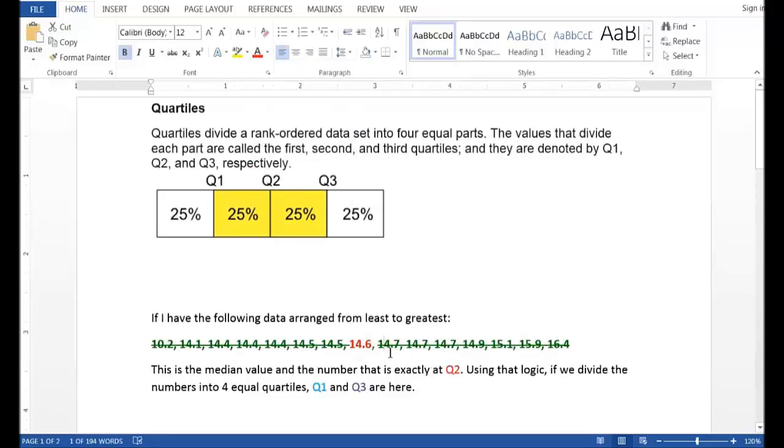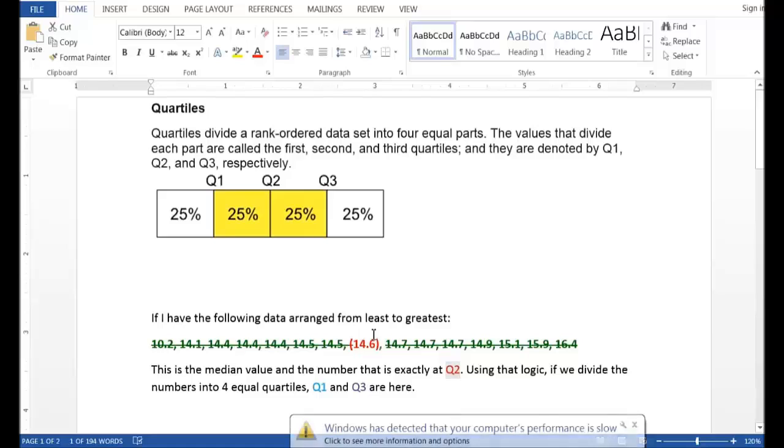Cool? So right there at 14.6, we can tell that that number is the median value. And it's also the value we label as Q2. So like I said before, Q2 is right in the middle of the data set, which means it's also the median. So we know that this number right here is Q2, 14.6.